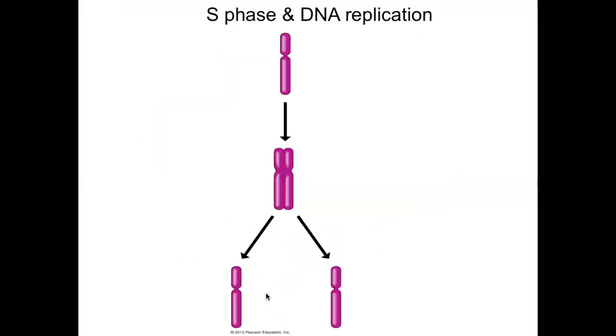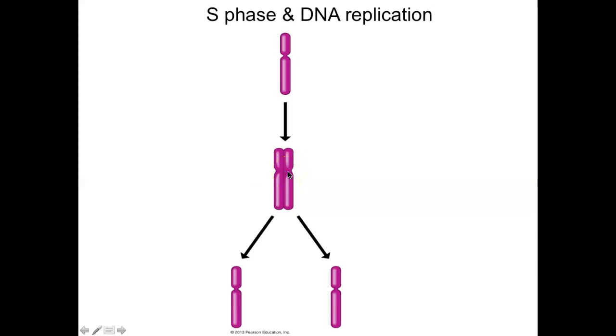Okay, so this is just to further talk about the DNA replication. So this is one DNA molecule, one chromosome. This is still that same chromosome, but it's been duplicated, and the copies are attached to each other at this middle point that comes in. It doesn't have to be in the middle, but it's a point that comes in.